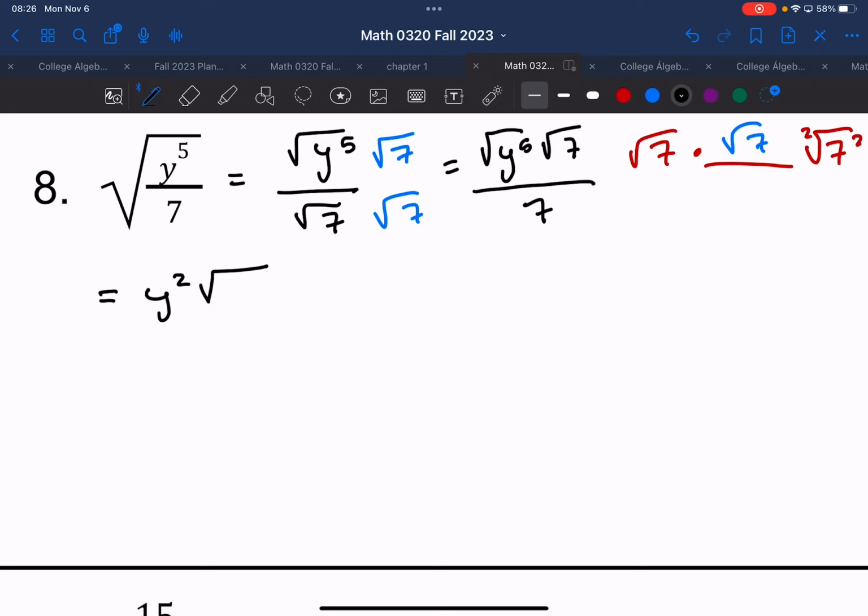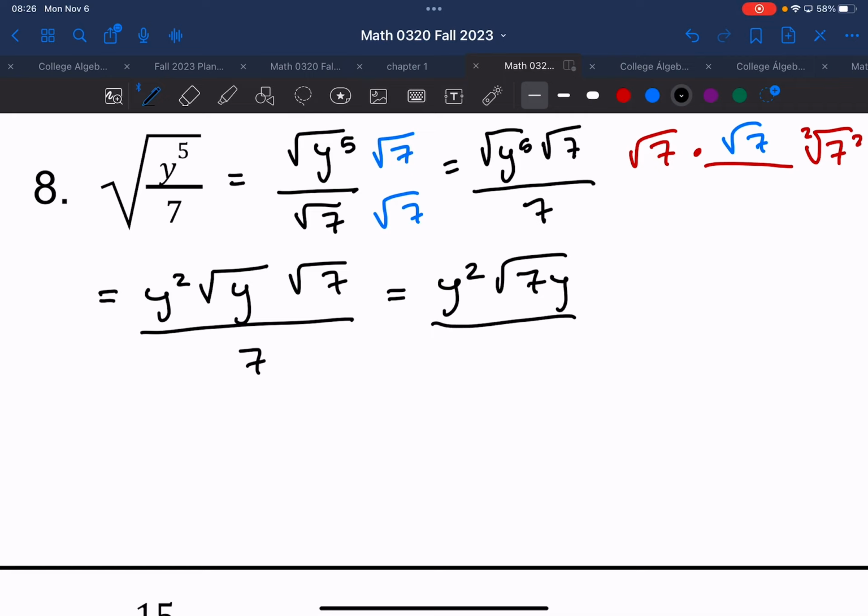So just a y. And then the square root of 7 over 7. What can I do with those square roots on the top? Put them together. So this is y squared times the square root of 7y all over 7. That's our answer.